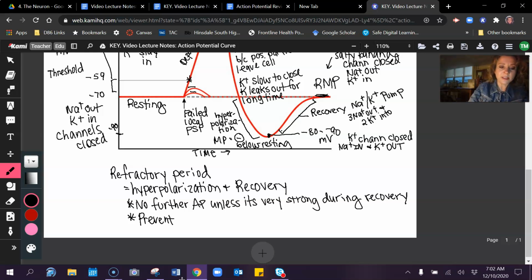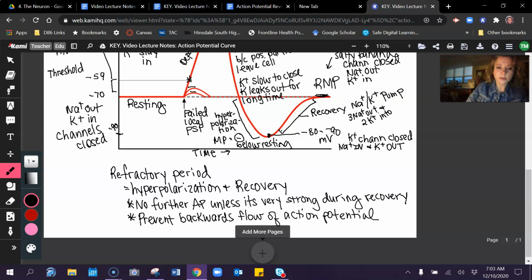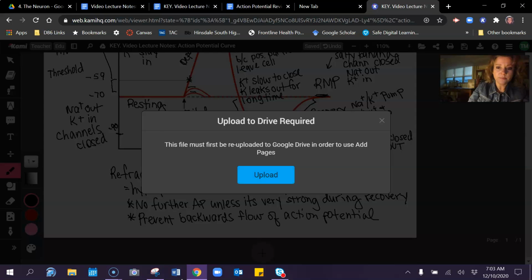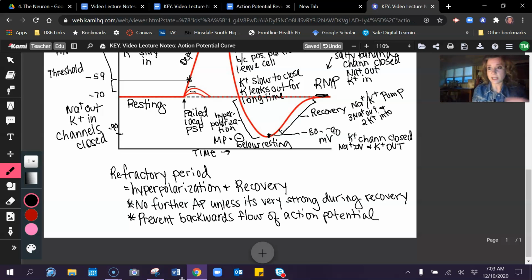So it's going to prevent backwards flow of an action potential. And so let's just explore that for just one more second. I know that I did just kind of explain it very quickly, but I just want to hit it home.